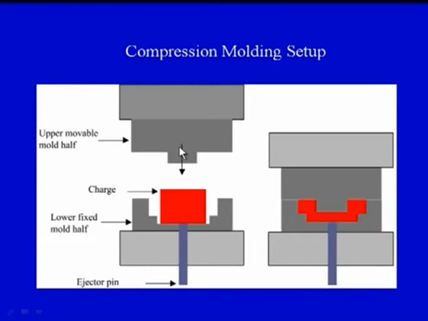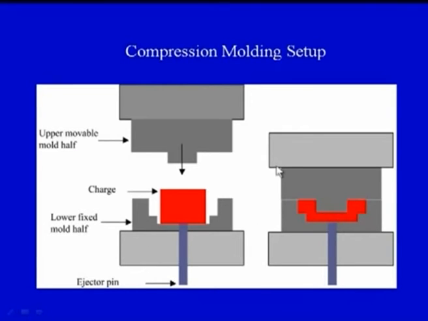For a specific period of time, the upper movable mold half and the lower fixed mold half would remain closed, and once the curing process or polymerization is done and the product is ready, the upper movable mold half would retract along its previous path. Finally, this product can be taken out with the action of the ejector pin, which would just give a gentle tap on the product and the product would jump out of the lower fixed mold half.